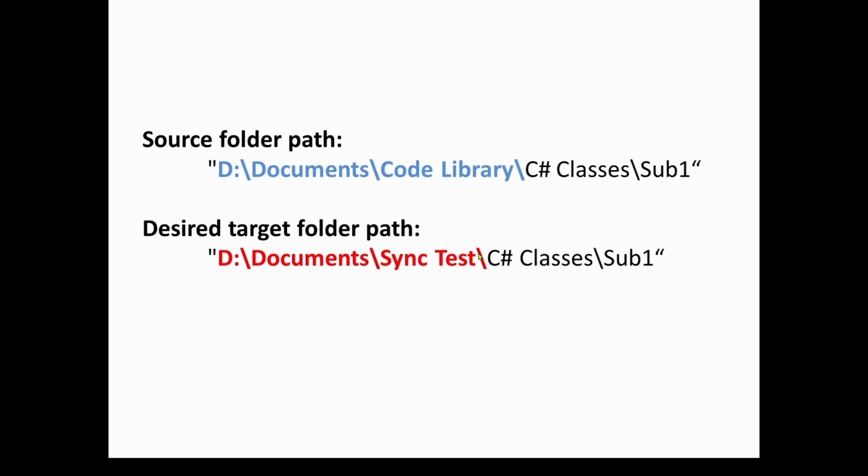So how are we going to do that? Well, maybe some string parsing where we're going to remove the source folder path and just take the updated folder path, do some string parsing with the target folder path, and append that to the target folder path. So we're going to have to figure out a way to do that.